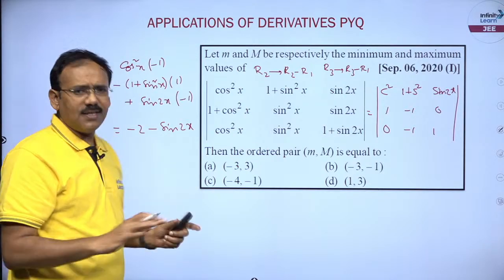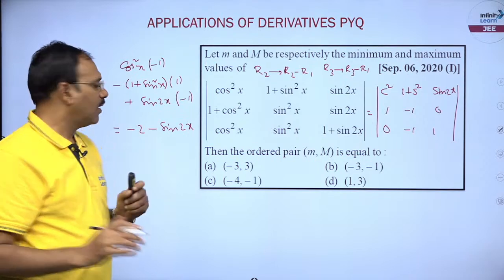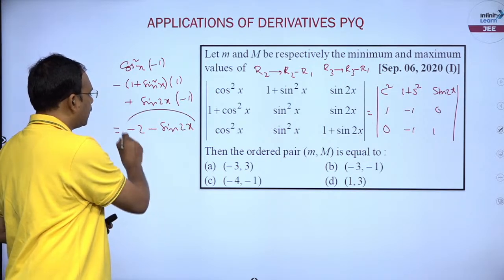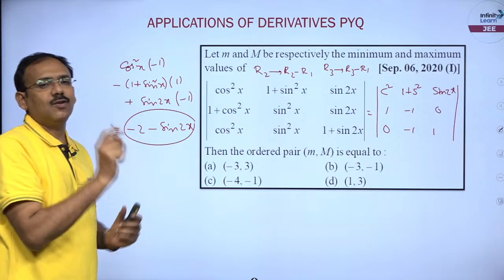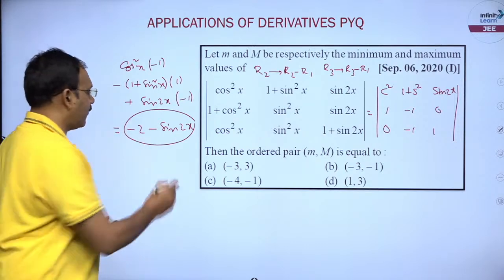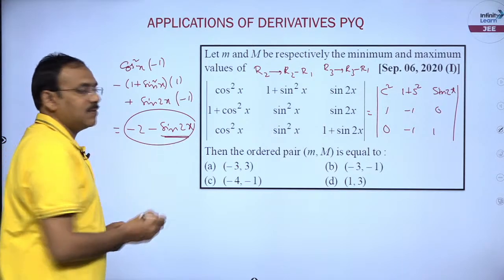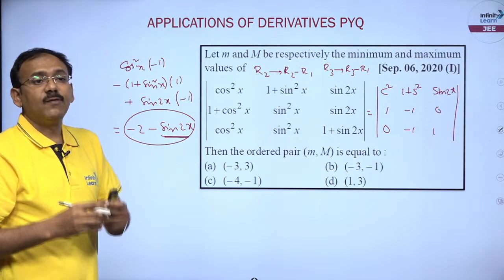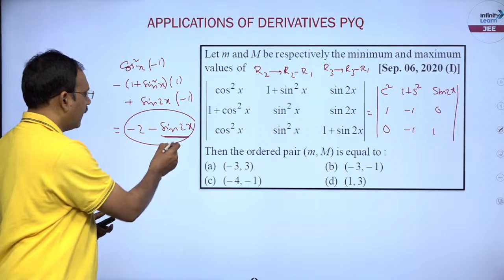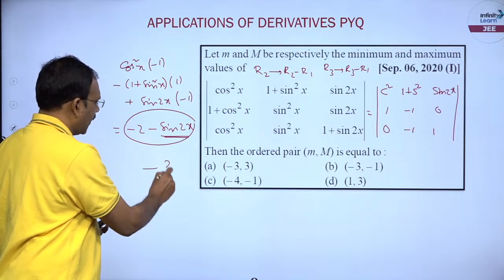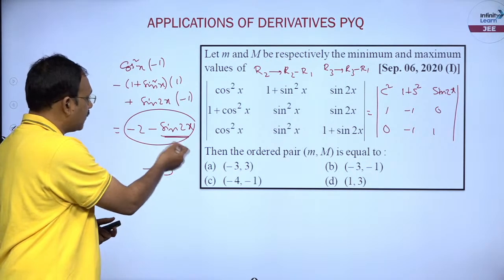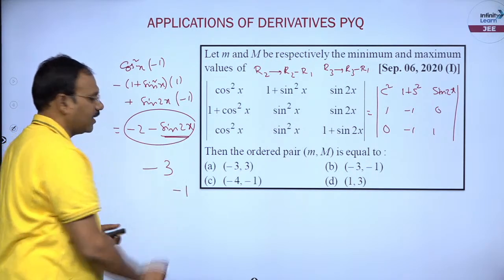I did not do anything related to maximum and minimum, but I got a simple, standard expression, a linear trigonometric expression in sin 2x, so we can find the answer easily. When sin 2x is 1, this becomes minus 3, and when it is minus 1, this becomes minus 1.